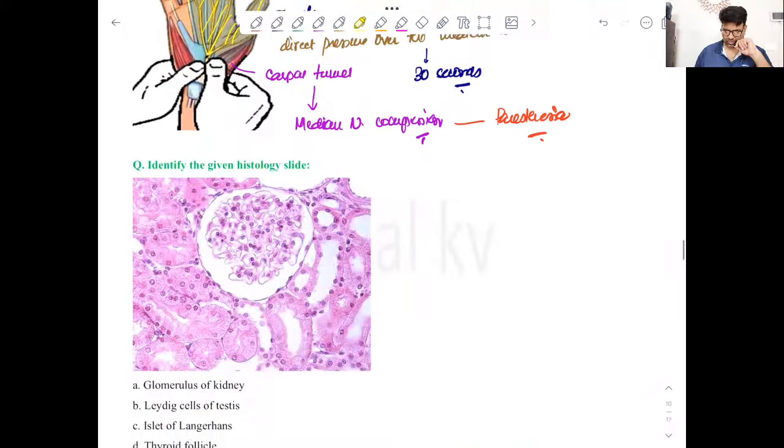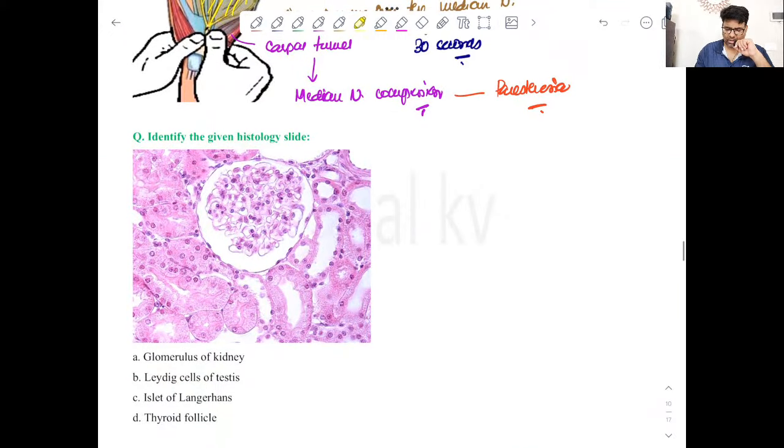Okay, chalo, next question. Identify the histological slide. Yes, identify the histological slide. Anyone? What we can see here in the given slide.